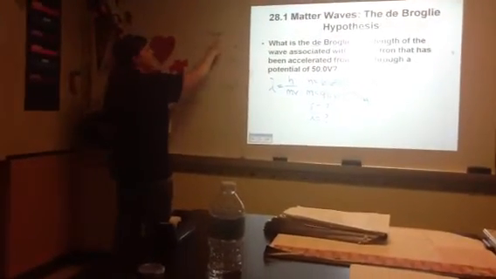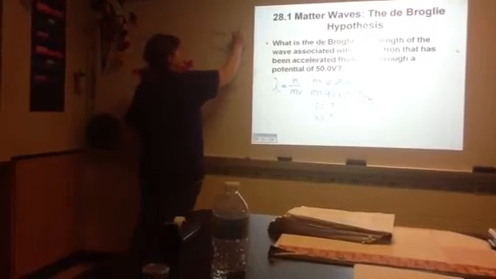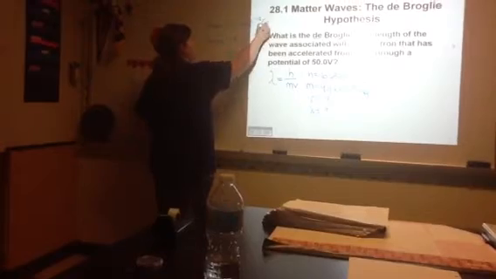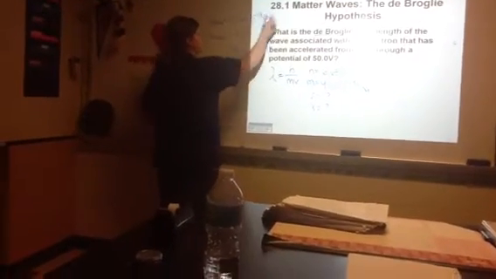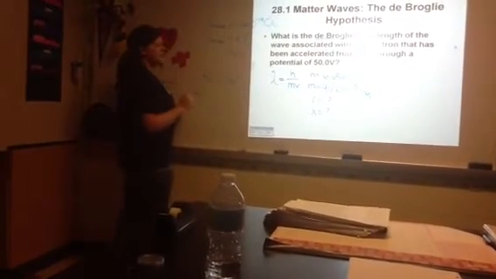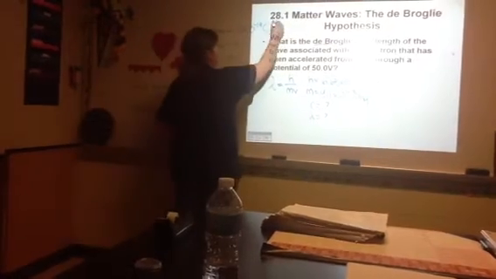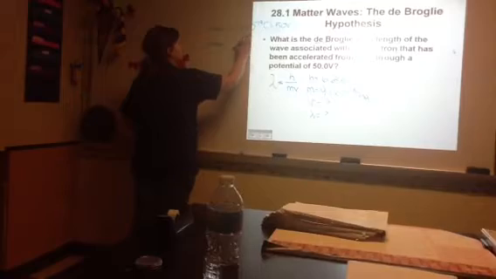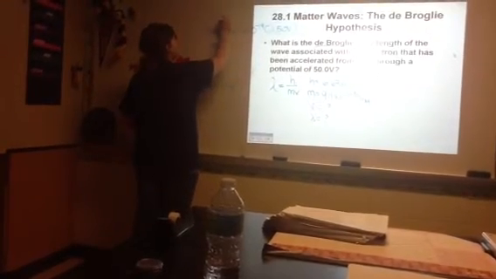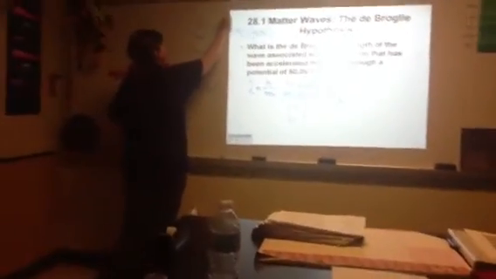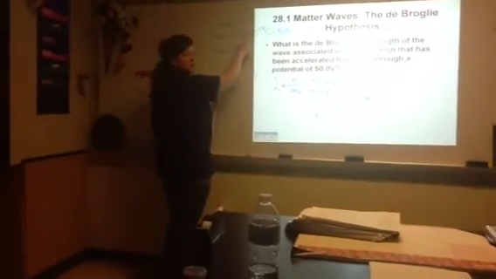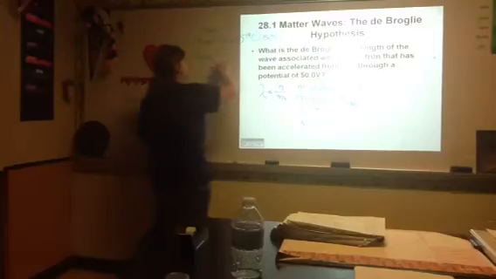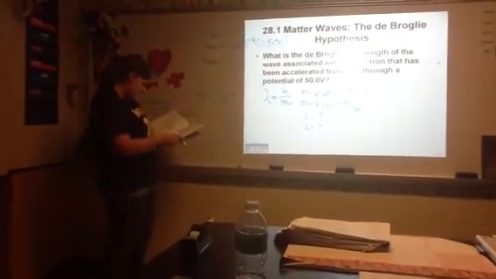Okay, so kinetic energy is equal to my E, which is 1.6 times 10 to the negative 19th coulombs, because that's a charge, times my voltage. And my voltage is what? What did they give me? 50. So my E is just the charge of the electron, my V is what they've given me. When I multiply those two, I have my kinetic energy.